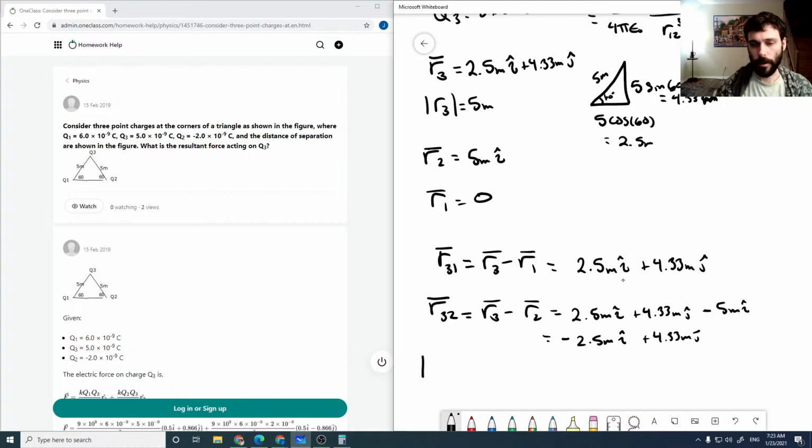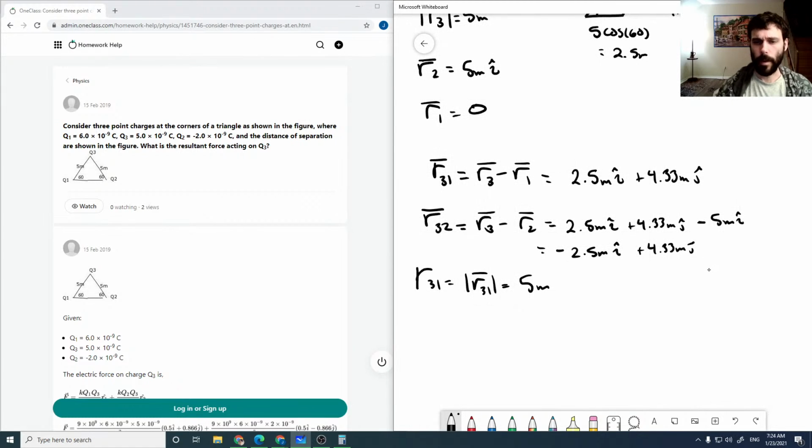And now our magnitude of r31 is just 5 meters, and our magnitude of r32 is just 5 meters. So now we have everything in place to compute our forces.